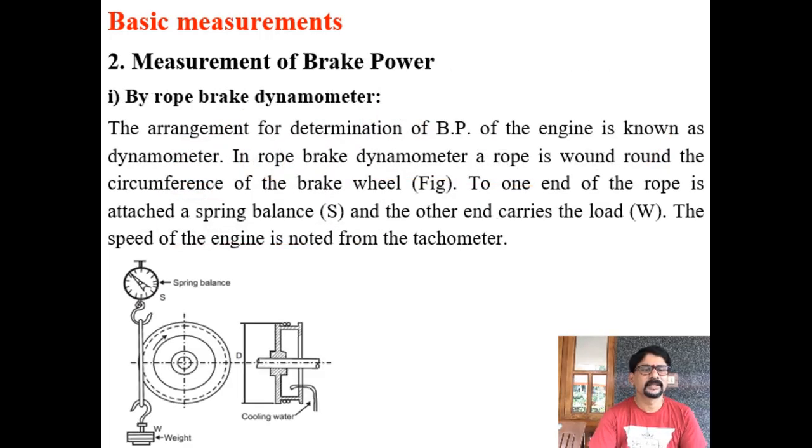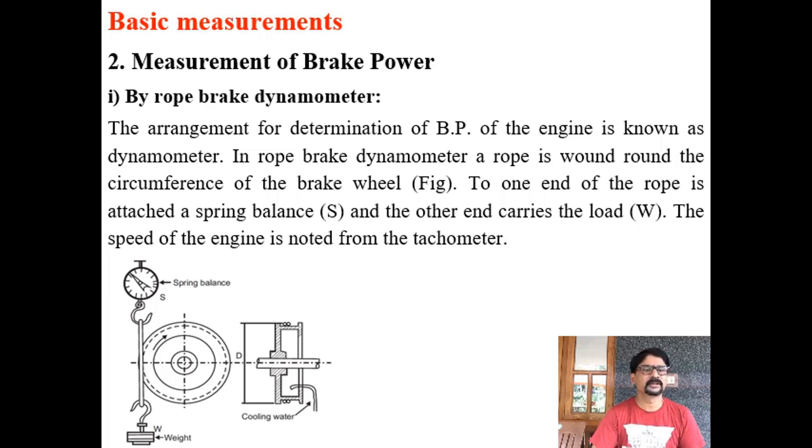So now we'll discuss the measurement of brake power. As you know, the brake power is the power available at the crankshaft or the output shaft of the engine, which is actually used for the useful work, maybe to drive the generator or to propel the vehicle or other systems.